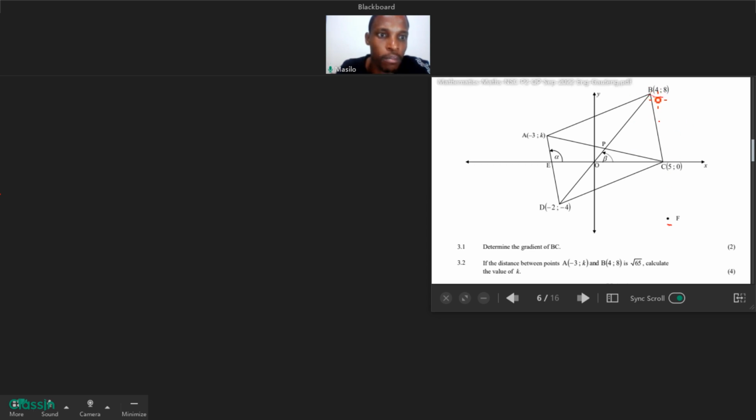This is our point B, and this is our point C. BC is a line, and B and C are points. On point B, we are given the coordinates where x is 4 and y is 8. On point C, we are given x as 5 and y as 0.